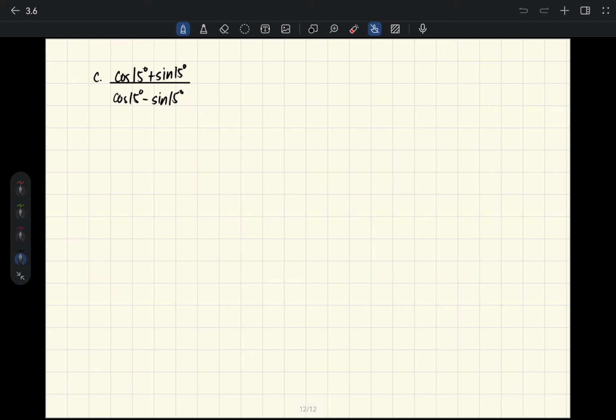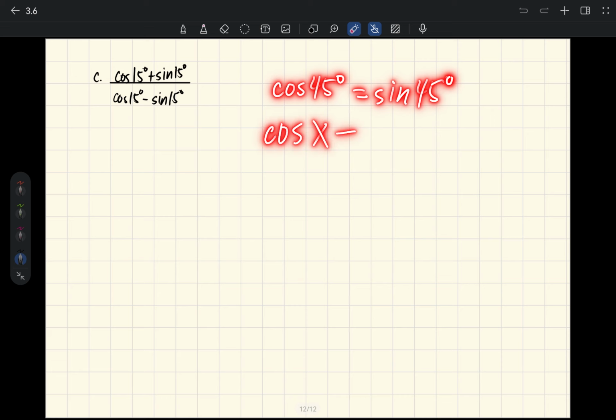First, take note that cosine of 15 degrees and sine of 15 degrees, they are not equal. Since in quadrant 1, only cosine of 45 degrees and sine of 45 degrees are equal. And in particular, we know that cosine of x equals sine of 90 degrees minus x.